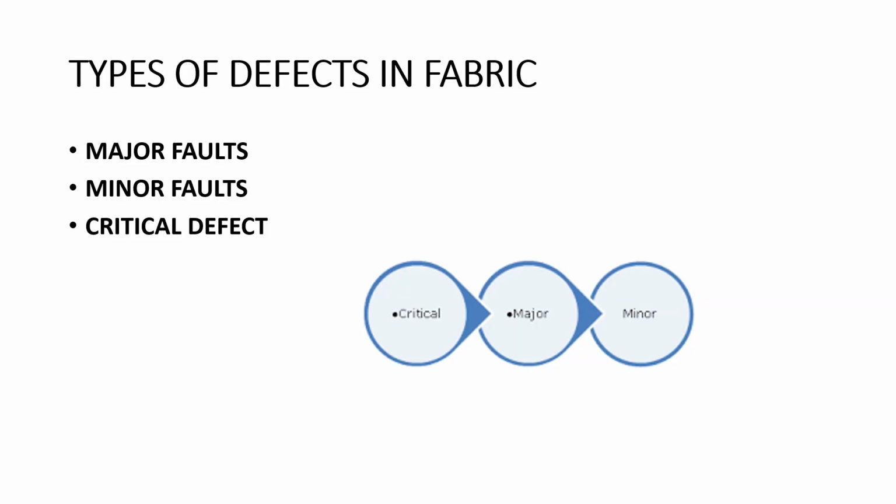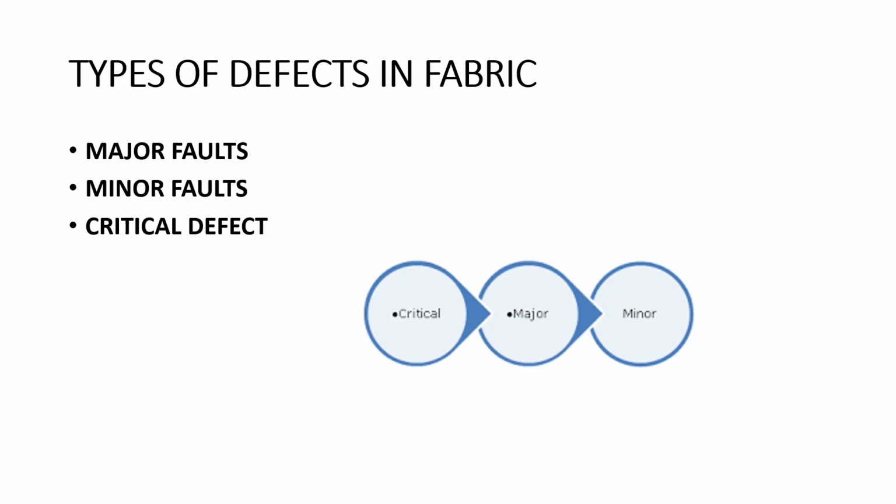First of all, during the manufacturing of fabric, in a natural way, there are a lot of variations: variation in the fiber, variation in the process, variation in the chemicals, variation in the other gadgets and accessories you are using.